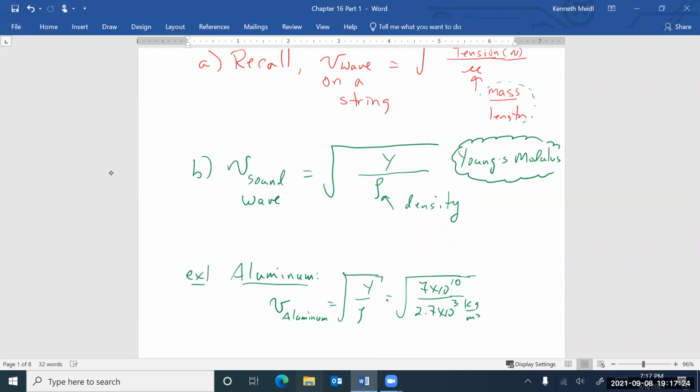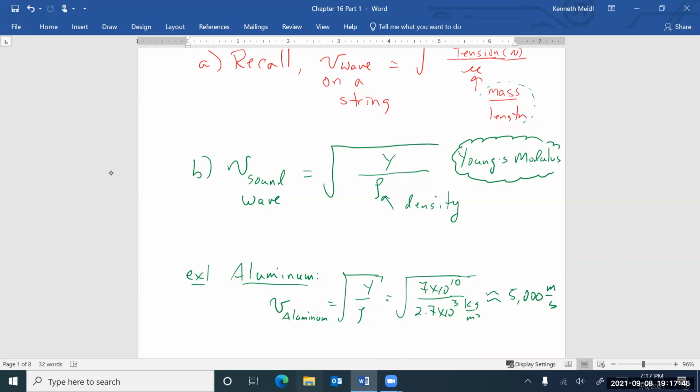When all is said and done, this comes out to be about 5,000 meters per second. So this is a big number, right? This is a little bit more than 15,000 feet per second, about 3 miles a second.